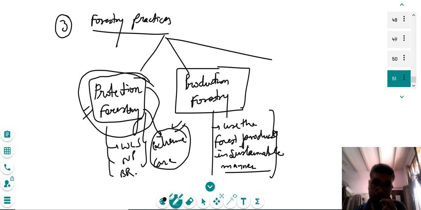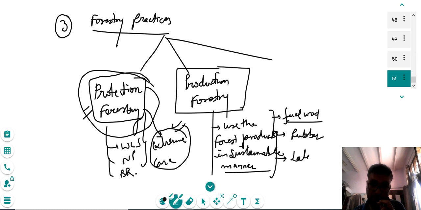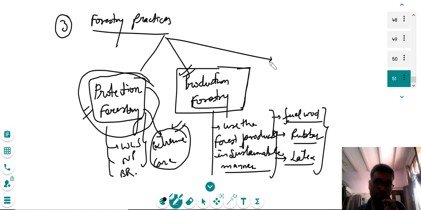For example, we can use fuel wood in a sustainable manner, we can use the rubber from the trees in a sustainable manner, and we can use the latex in a sustainable manner. The production forestry is more sustainable than the other types of forestry practices, and it also helps in the livelihood of the local communities. So this is production forestry, the second type of forestry practice.